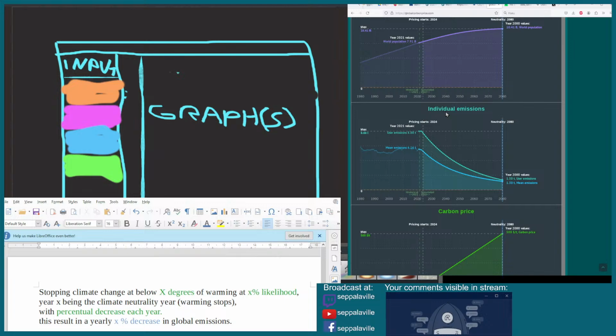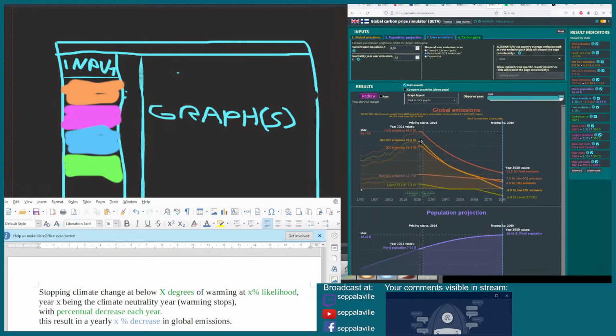I think that's because it also includes these mean emission estimates, because these graphs are separated by what scale they use. They are not separated by what variable they are showing, but they are showing the variables that share the same scale with each other.